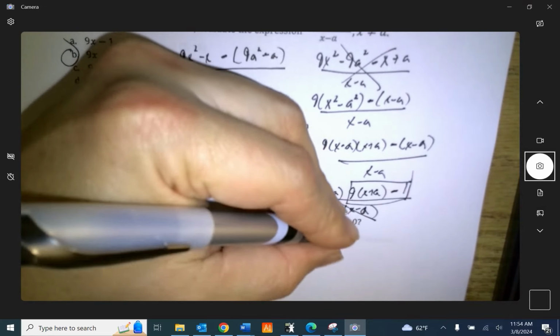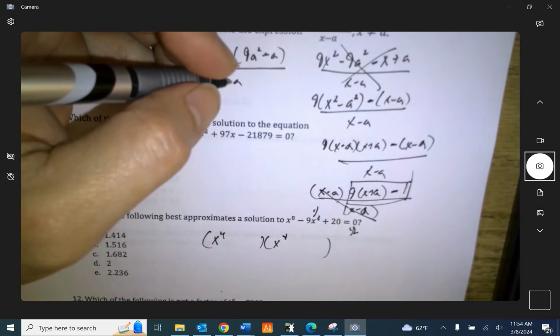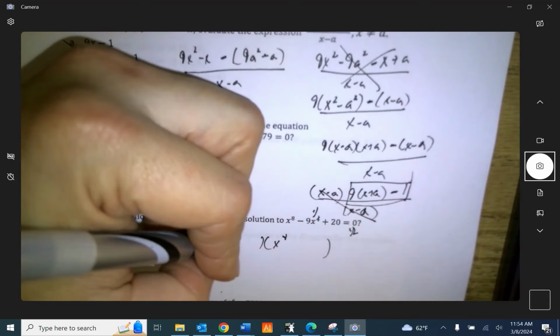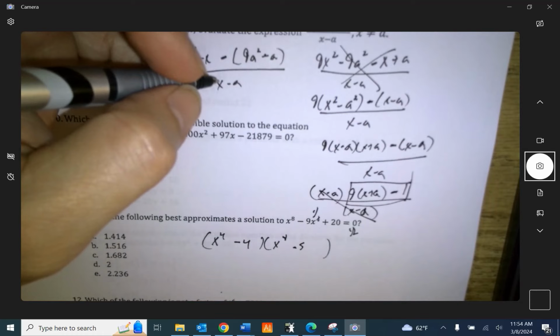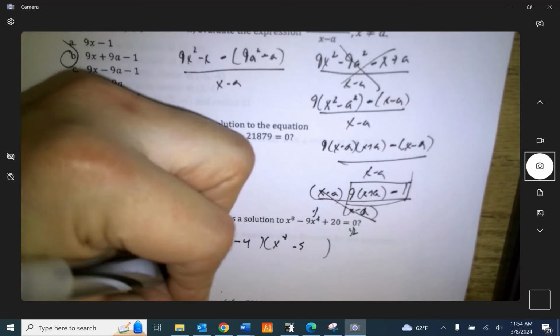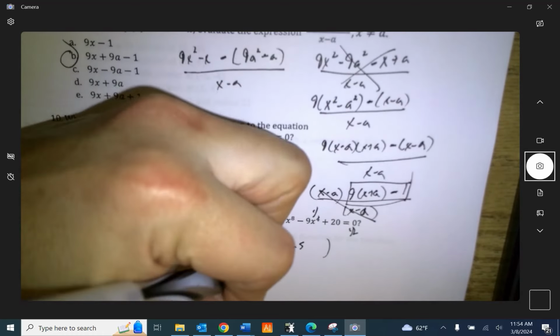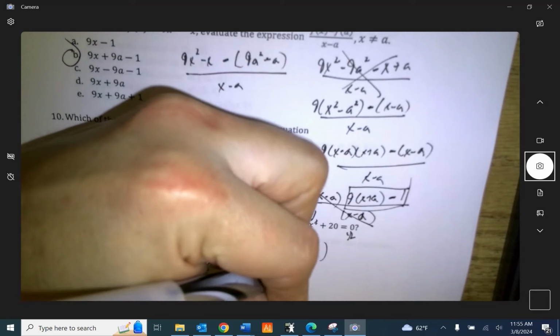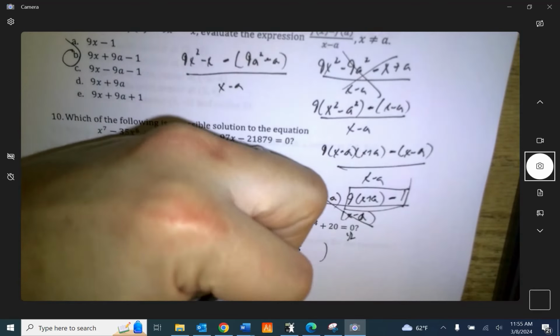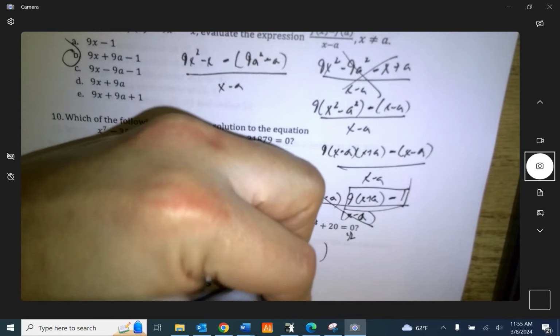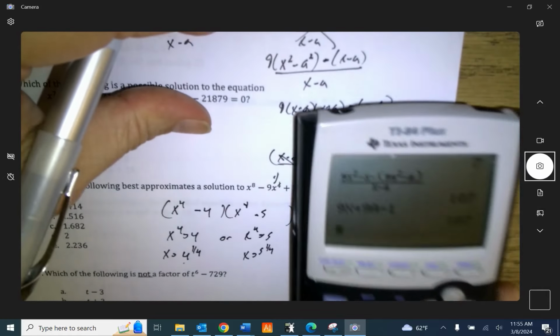We'll do both. Factors of 20 are 4 and 5. So minus 4, minus 5. That seems right, doesn't it? So x to the fourth is 4, or x to the fourth is 5. So x is going to be 4 to the 1/4 power, or x is going to be 5 to the 1/4 power. I don't know which is easier to do.